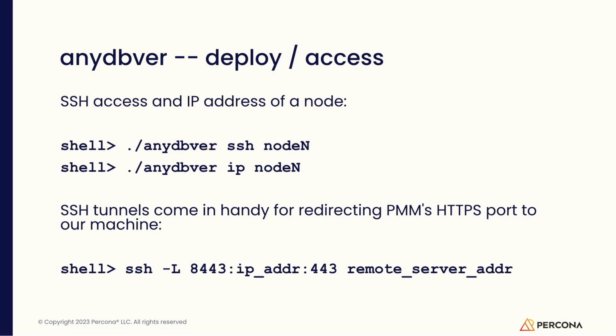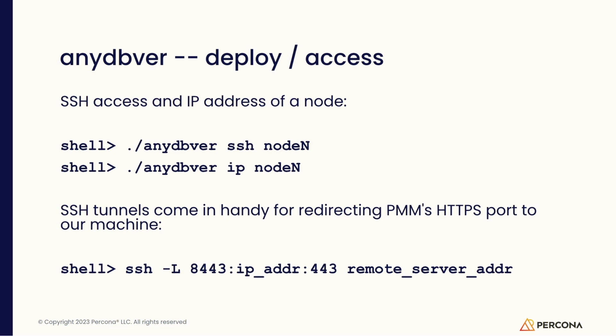Right, so node 0 will be PMM, node 1, MySQL, Postgres, whatever you want, PMM client, it will configure everything, add everything, all the instances running, beautiful. And then I do AnyDB-ver IP and use the SSH command to create a tunnel that will direct to 8443 in my local machine.